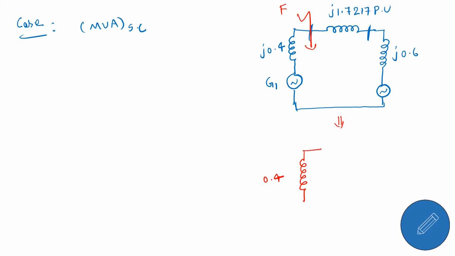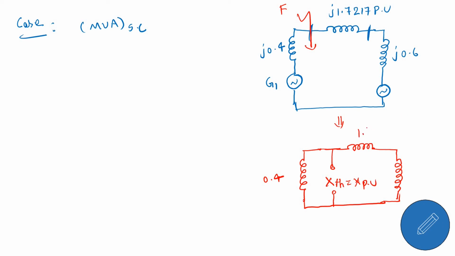The fault has occurred at these terminals. Now, with respect to these terminals, I will find my X Thevenin, or you can say X per unit.